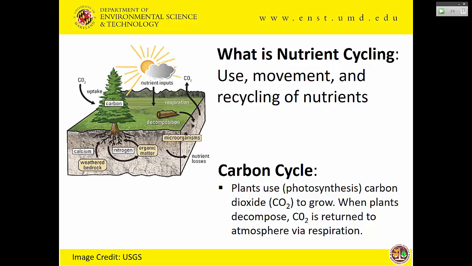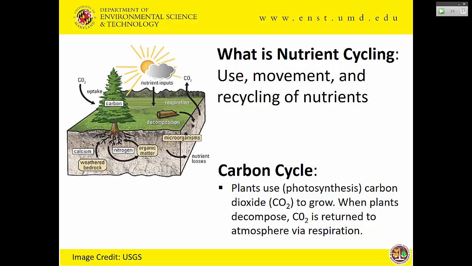When we talk about nutrient cycling, it's really the use, the movement, and the recycling of those nutrients in different places. And this all begins with the carbon cycle, which is integral to how nutrients recycle and transform in the systems. The carbon cycle really begins with plants.